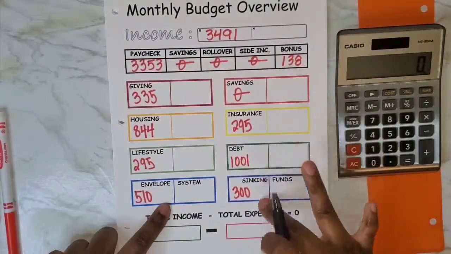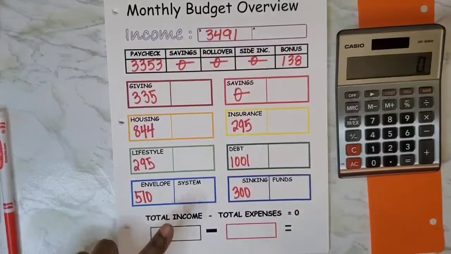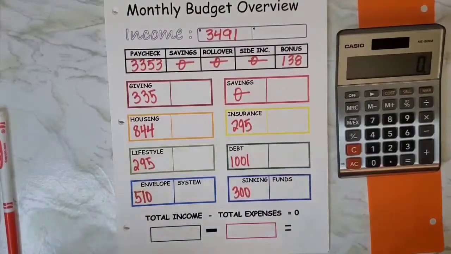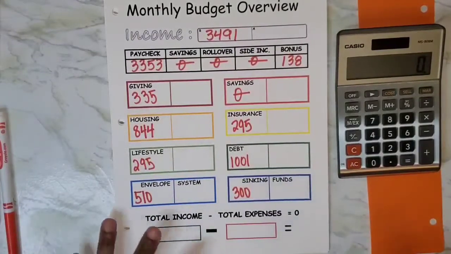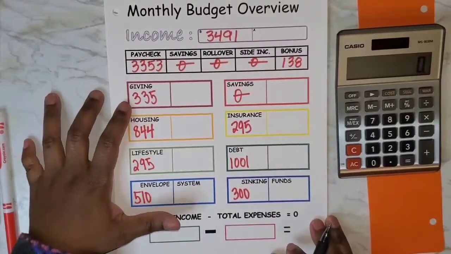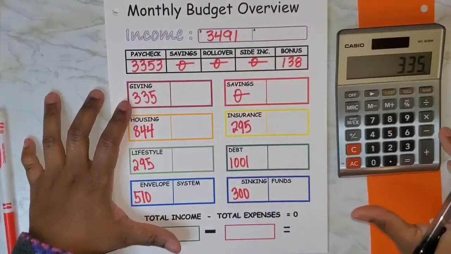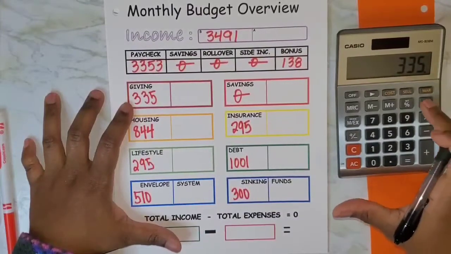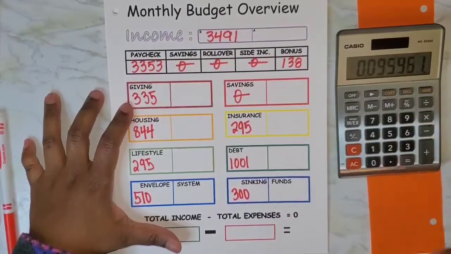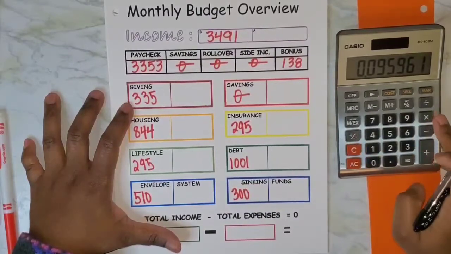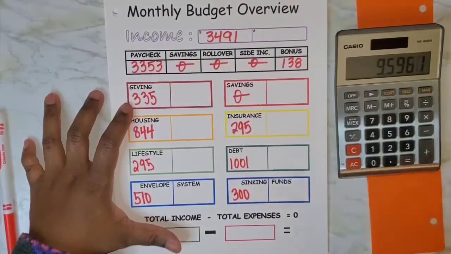And so what I usually do, because I do need the pen again, is I put the percentages of the categories to see how much of my income I am dedicating to that particular category. So I usually just take the total amount for that category divided by the total amount of my income, and it gives me that decimal. I times it by 100, and then it lets me know.